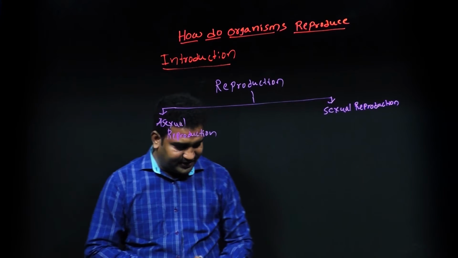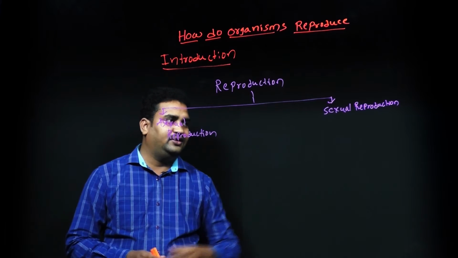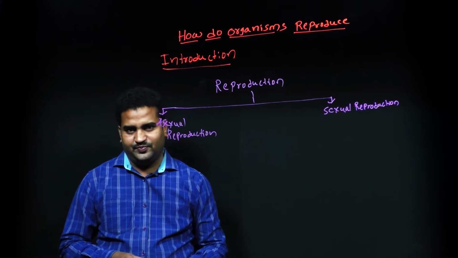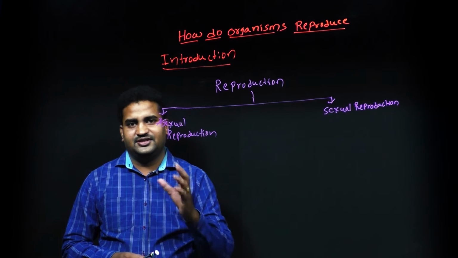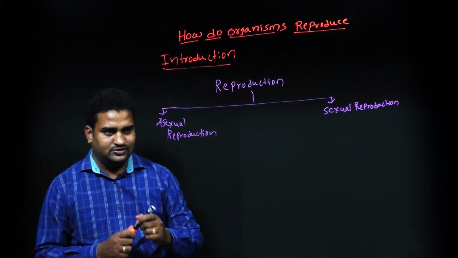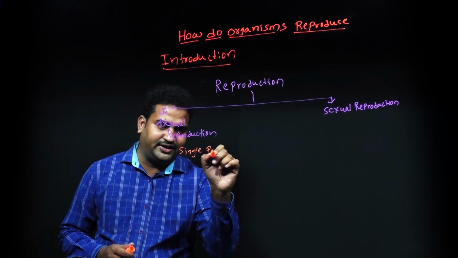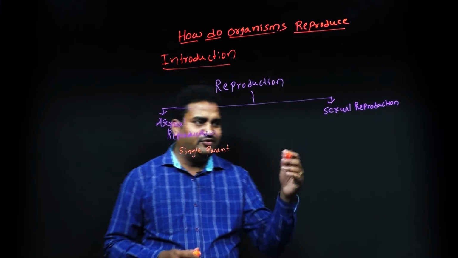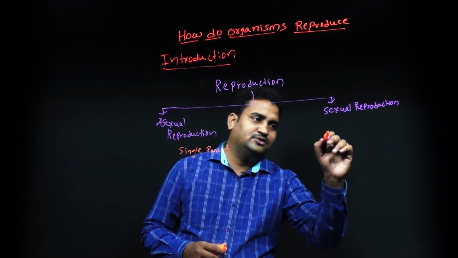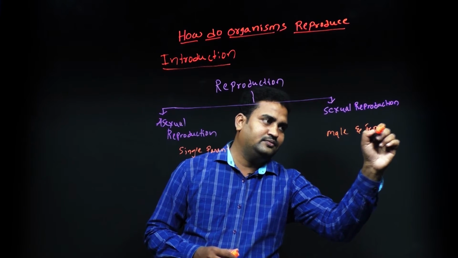Let us understand the difference between asexual reproduction and sexual reproduction. In asexual reproduction, a single parent is involved. In sexual reproduction, both male and female parents should be involved.